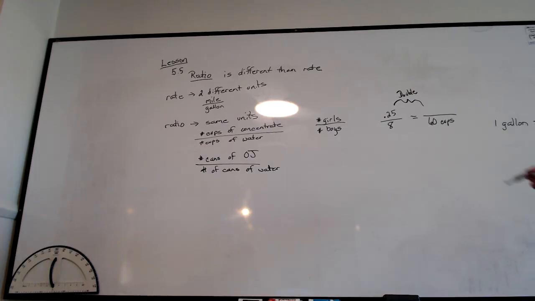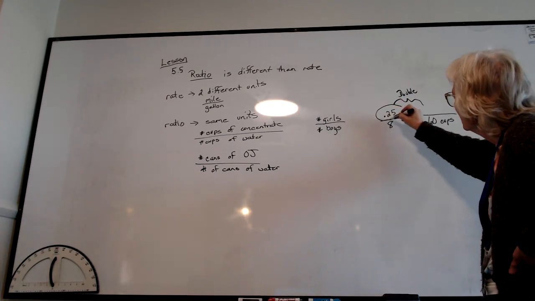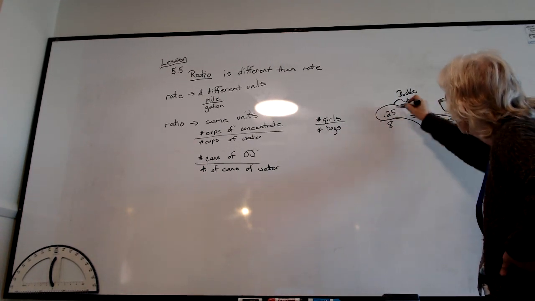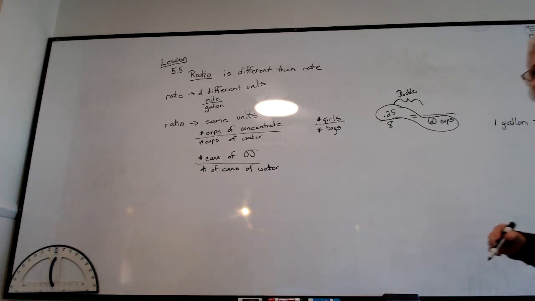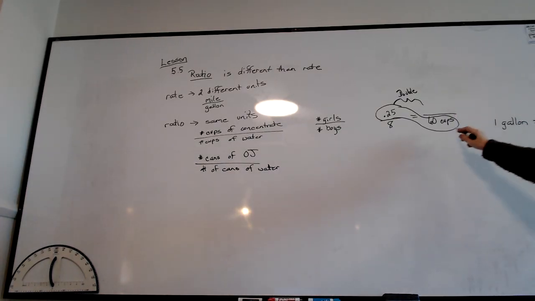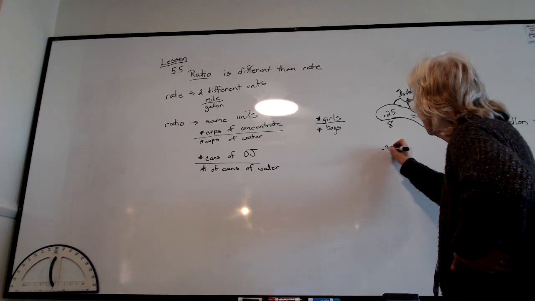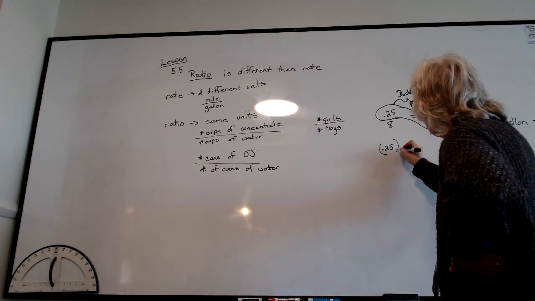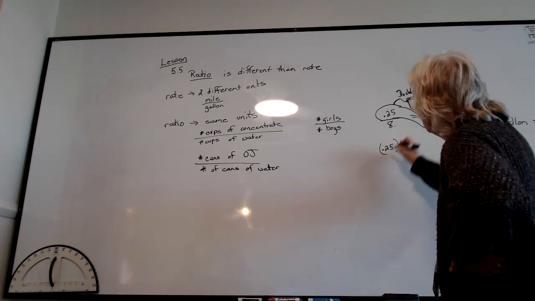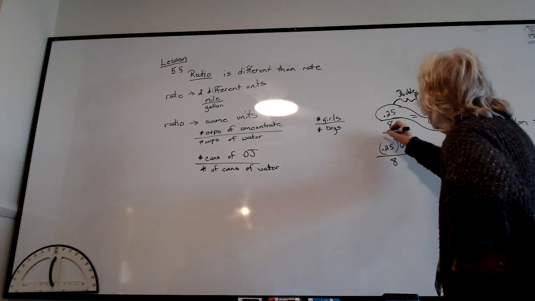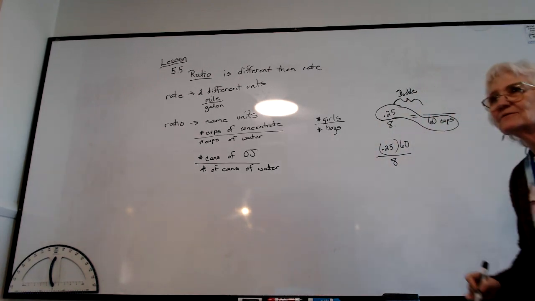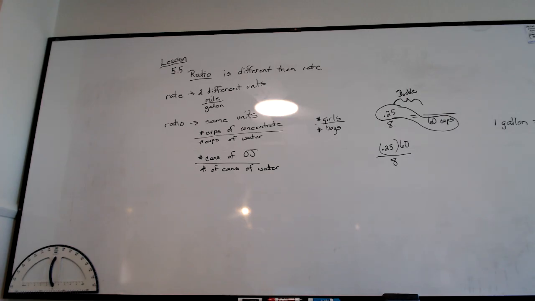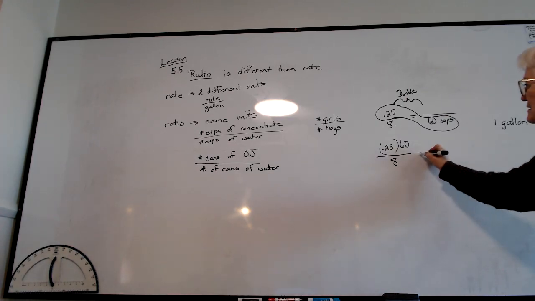So when you're solving ratios, multiply the two that are across from each other. This is called cross multiplication, okay? So you would multiply 0.25 times 60, and then you divide by the one that's all by itself. It doesn't have anything across from it. It'd be like X. Yeah, okay, and that will give you X.